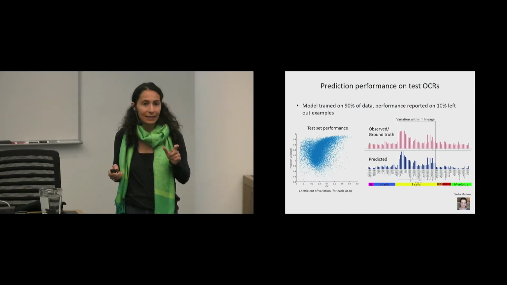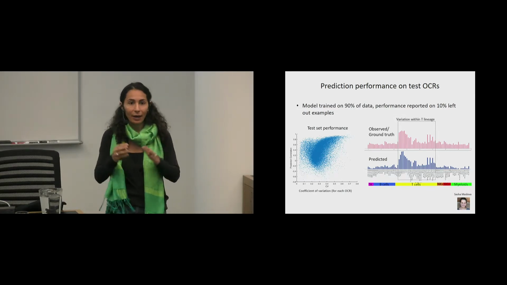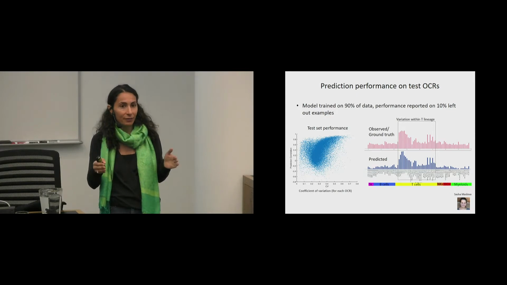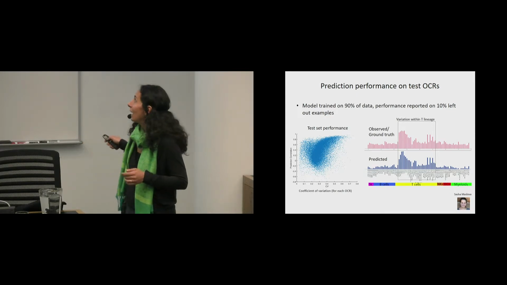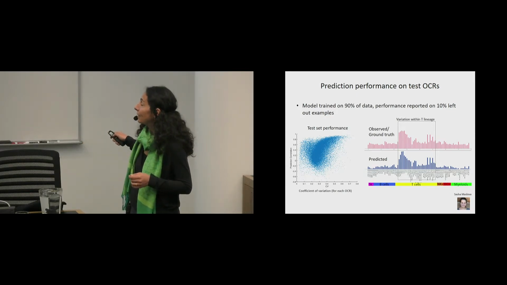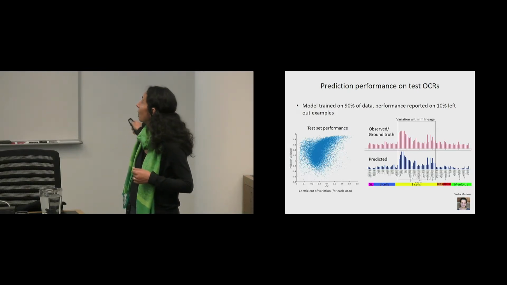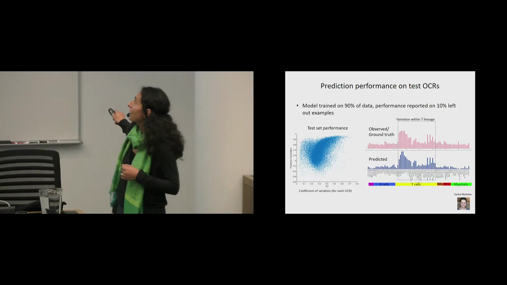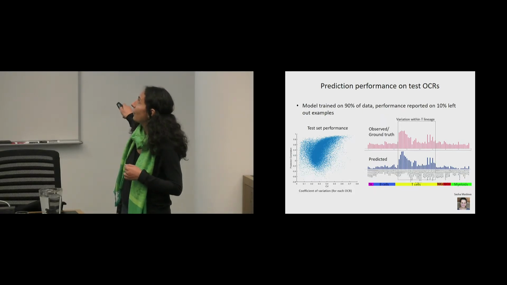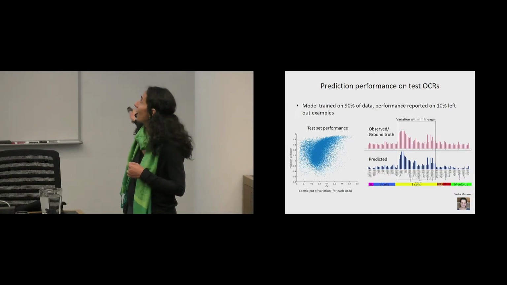This is the prediction we make for one OCR, which is a 250 base pair DNA sequence. The prediction is supposed to be a vector of length 90 for the 90 different cell types that we've measured, which are arranged along the lineages. So this is ground truth for that OCR. We know that it's high usually in a subset of T cells and low everywhere else.